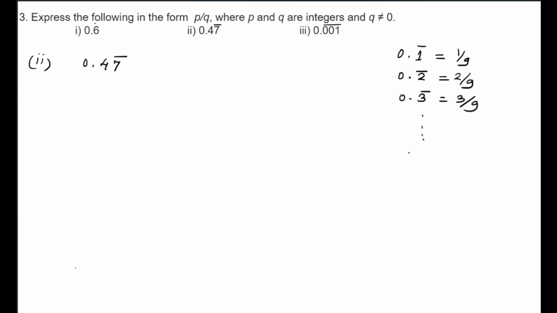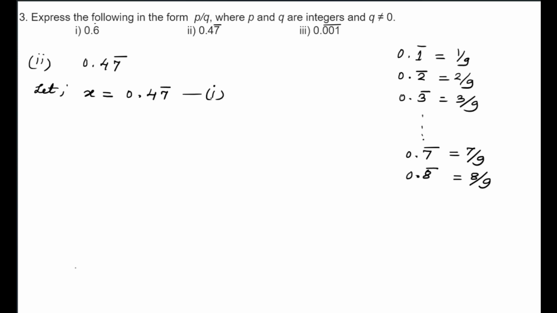In the same way, 0.7 bar is equal to 7 by 9. And in the same order, 0.8 bar is 8 by 9. Right? Now let us start solving. So we are going to say what? Let x is equal to 0.47 bar, and we are going to mark it as equation number 1.